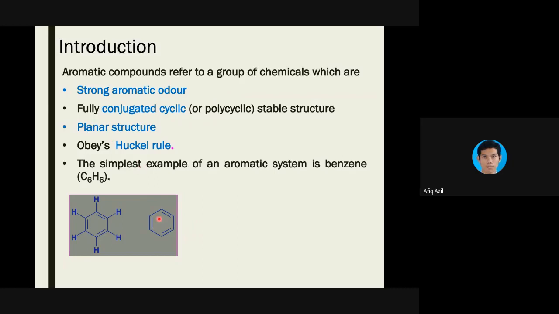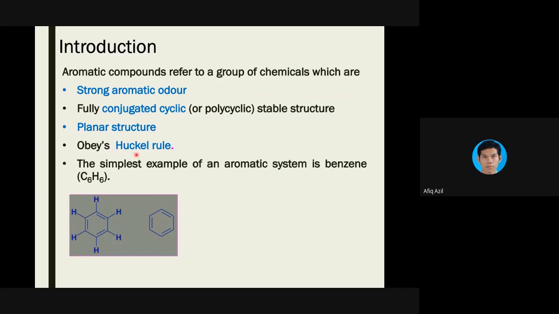Planar means it is in 2D, two dimensions. All of the carbons and hydrogens are in two dimensions. Later, if we have time, I'll try to show you using software to see the 3D structure of benzene.